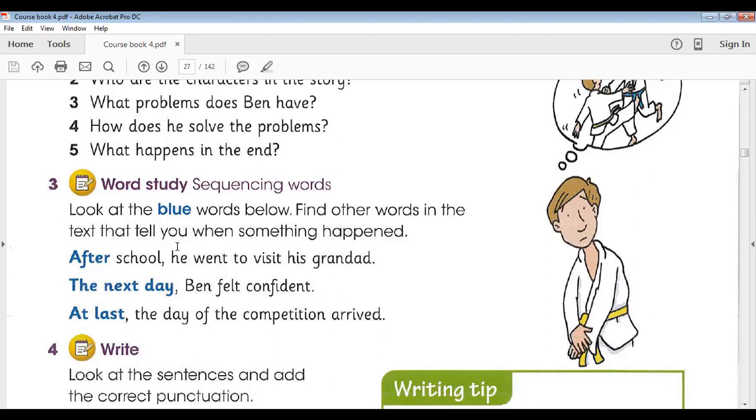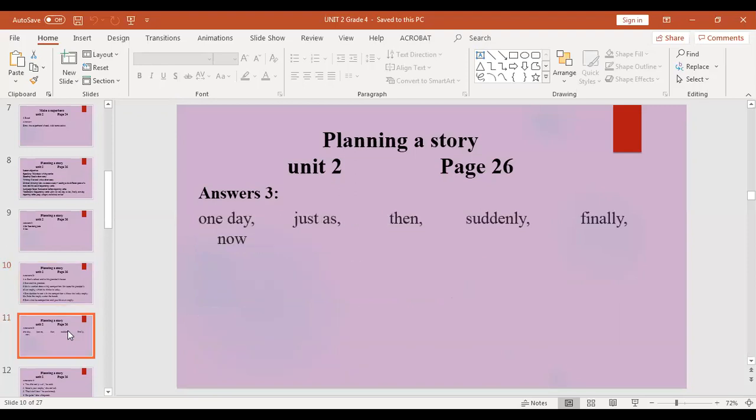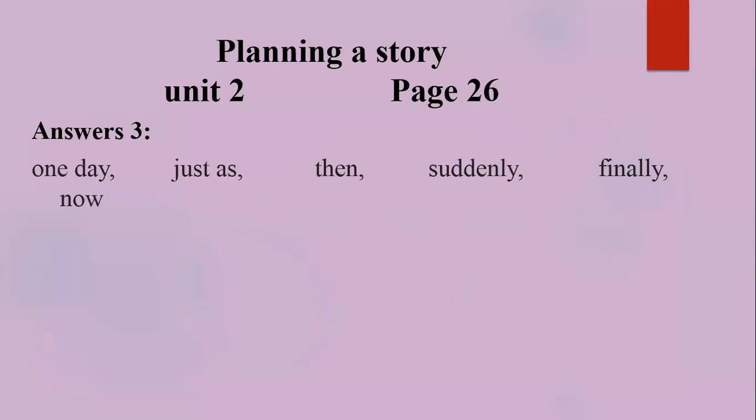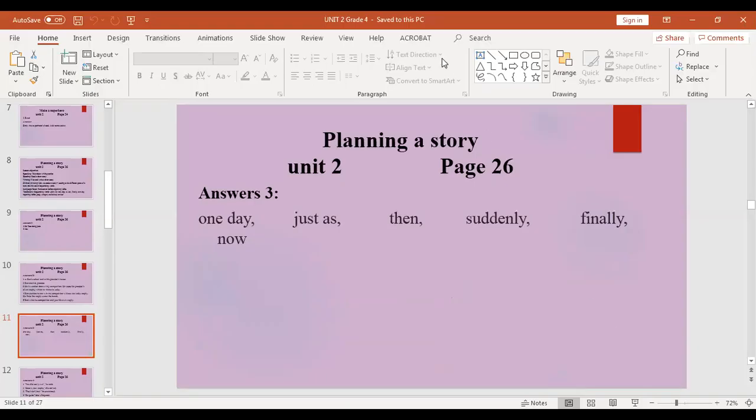I gave a task to the class to identify all these types of words that describe sequence in the given story. Students identified those words, and then I displayed the answer, like I'm doing right now. These are other examples of sequencing words like one day, just as, then, suddenly, finally, and now. These are the sequencing words that we can find in our given story.